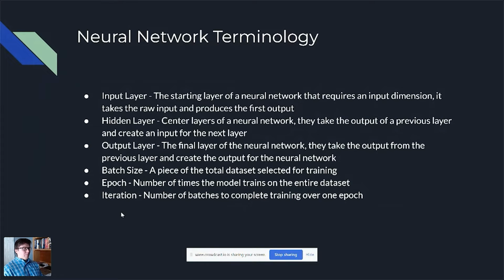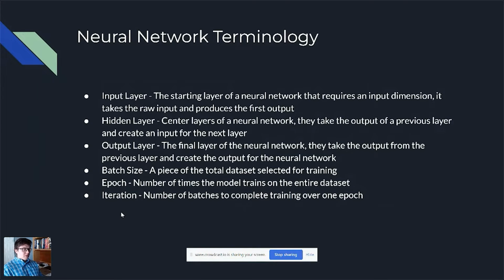And then we have our input layer, our hidden layer, and our output layer. You can essentially think of these as the three major components of a vanilla neural network. The input layer will take the input dimensions of your data and create an output that it sends to the hidden layer. The hidden layer takes the inputs from the input layer and creates outputs that it sends to the output layer.